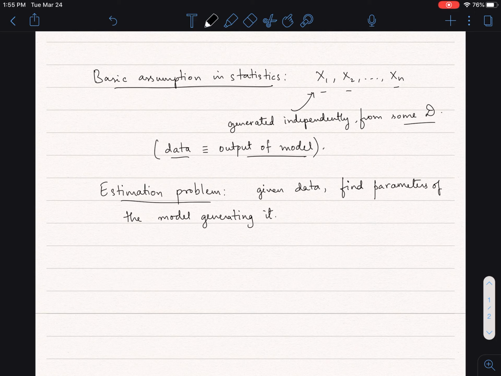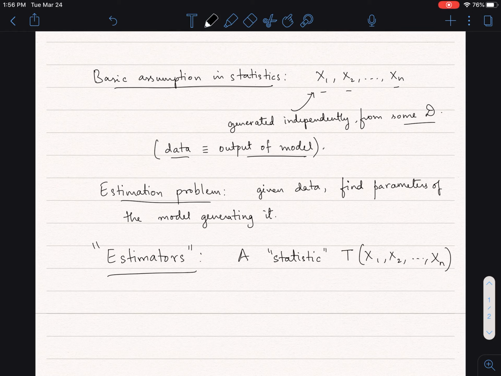Okay. And we said that estimation problems are usually solved by defining what are called estimation functions, or simply estimators. Okay, so what is an estimator? An estimator is an example of a statistic. Okay, so it's a function or a statistic T of x1, x2 to xn. This just basically means it's a function, some function.